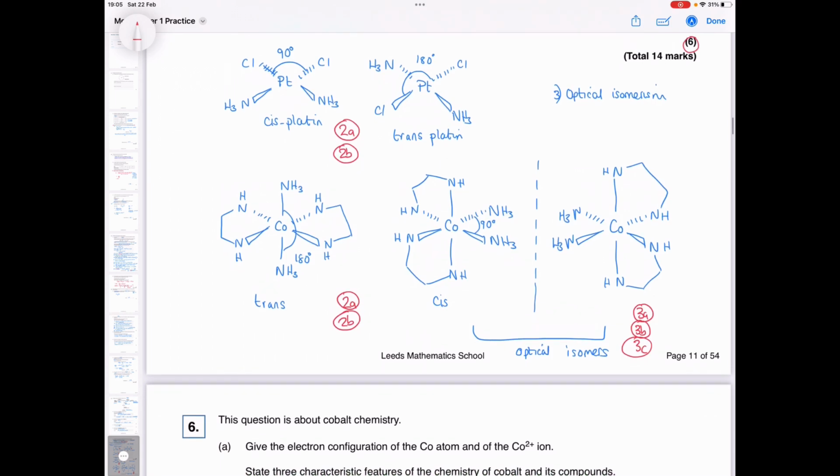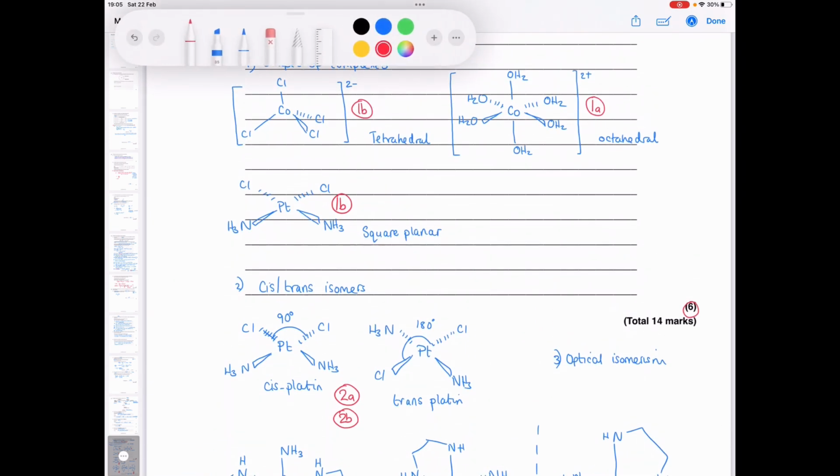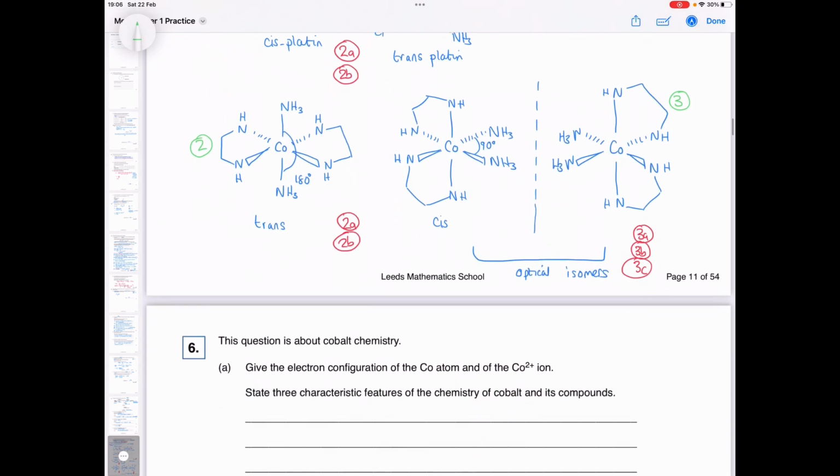The only other thing to note is that the mark scheme required answers to be illustrated using diagrams of at least 2 specific examples of pairs of cobalt or platinum complex isomers. So how many of those did we use? We needed to use at least 2, but if we're looking at the pairs, we've got 1 pair, 2 pairs, and we've got 3 pairs here. So we're going to get the marks there for getting into stage 3.